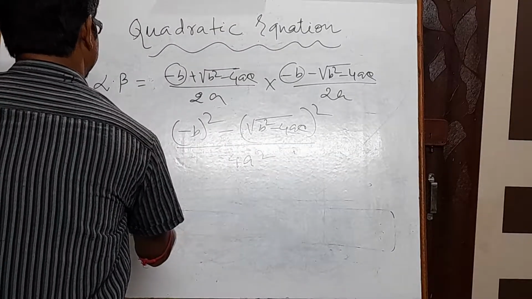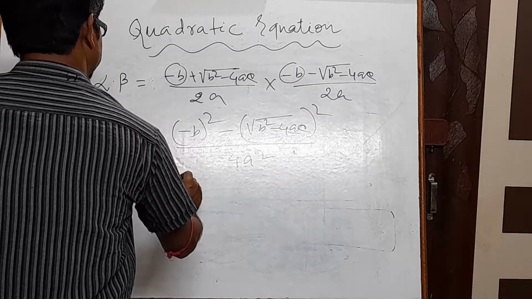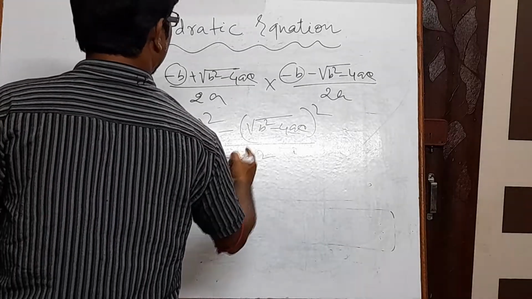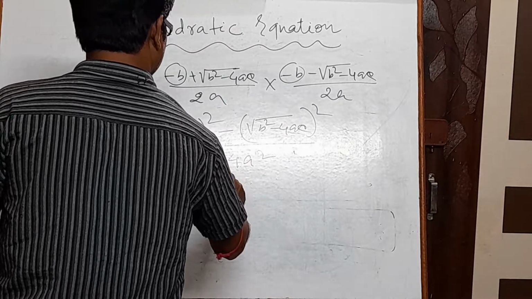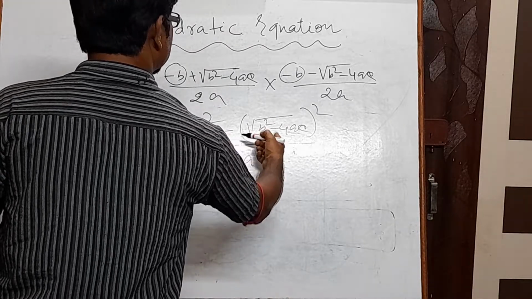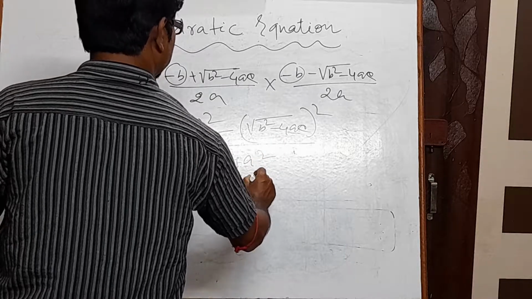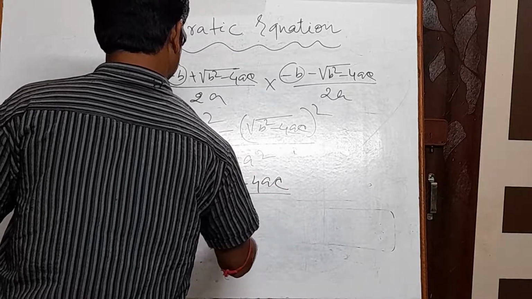So minus b square means, minus minus plus b square. Now minus root under b square minus 4ac is what? B square minus, and minus plus, 4ac divided by 4a square.